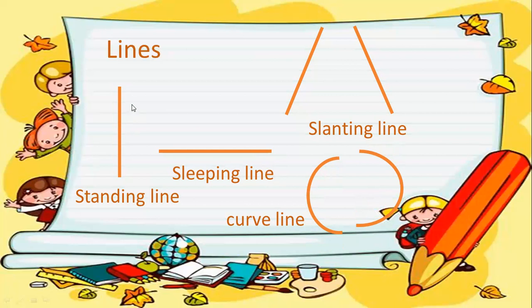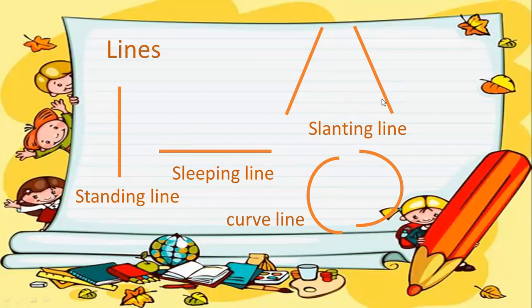There are some lines, like look here. This line is called standing line. Now look carefully. This line is called sleeping line. Now look here. This line is called slanting line. Both these lines, just its direction is opposite.